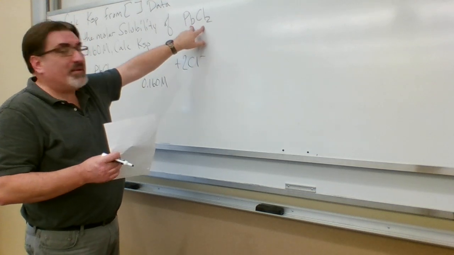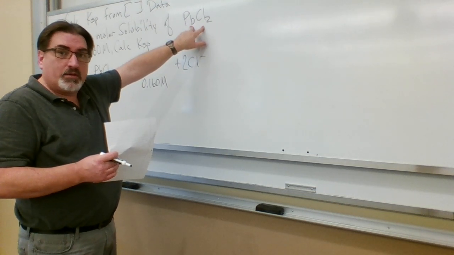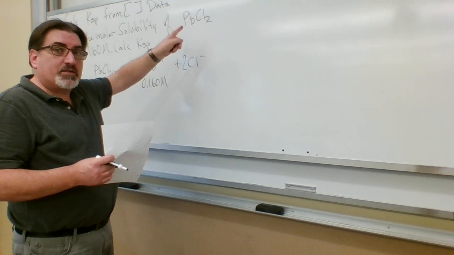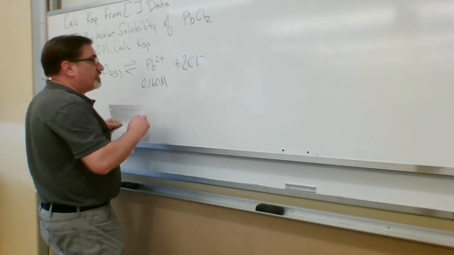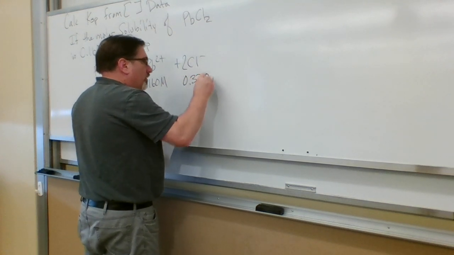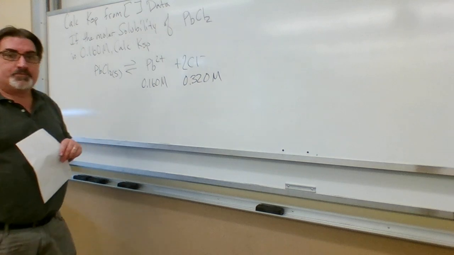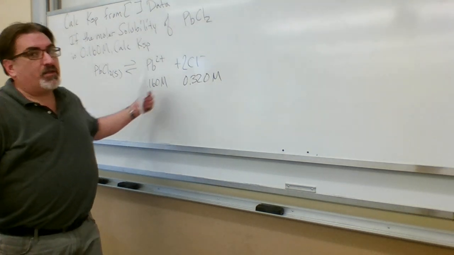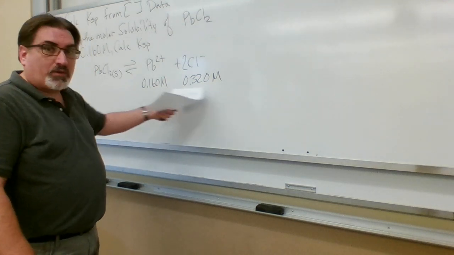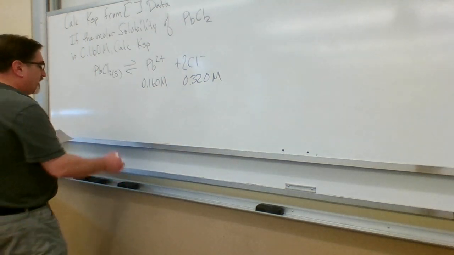If the molarity of PbCl2 is 0.16 molar, the molarity of chloride ion must be twice that because there's two chlorides per molecule of PbCl2. So the concentration of Cl- is 0.32 molar. If you miss that step, you can't get the right KSP calculated out of it because you have to recognize what the molarities are for each ion as they go in.